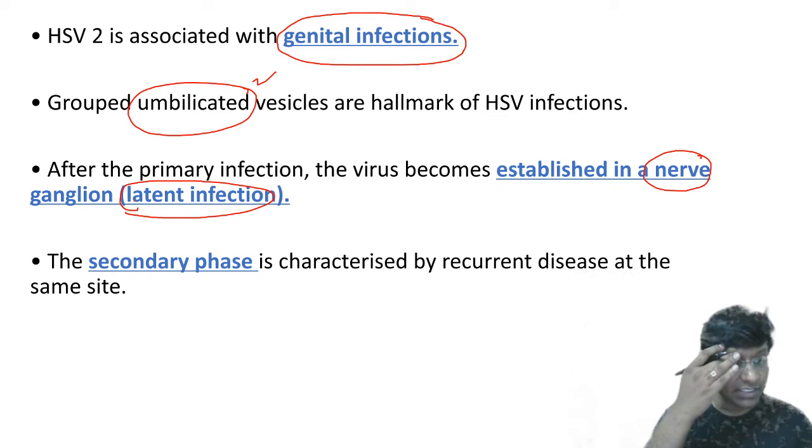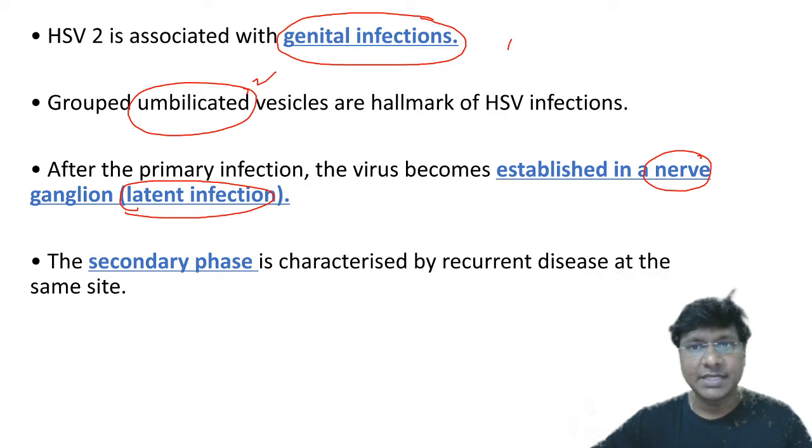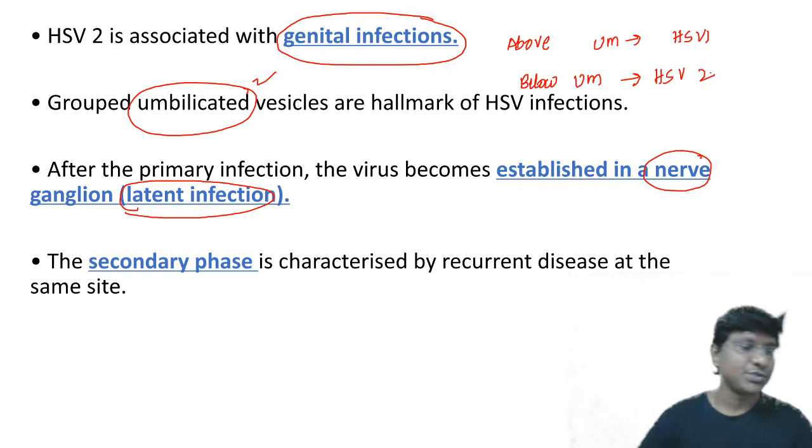Likit Gaud has answered this very correctly. Above the umbilicus it is HSV1, and below the umbilicus it is HSV2. You should remember this point: above the waist and below the waist.